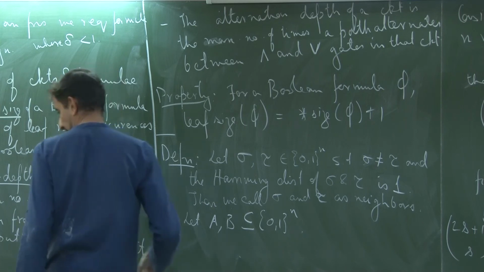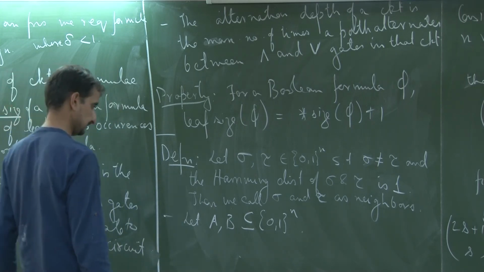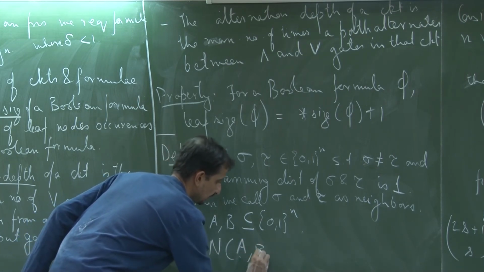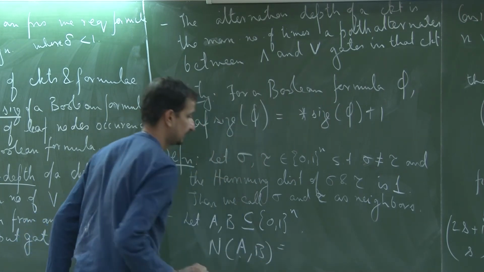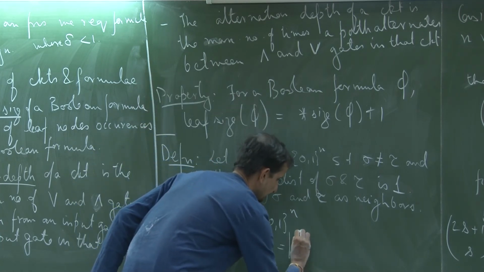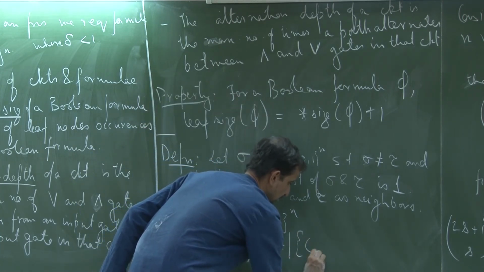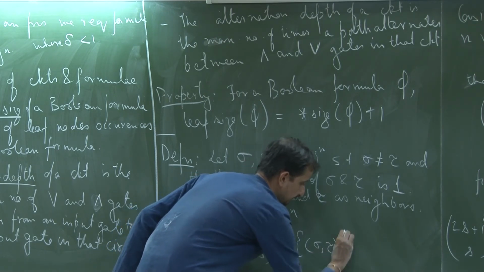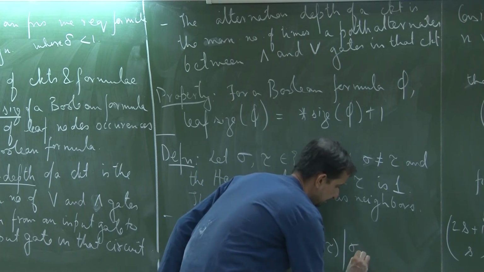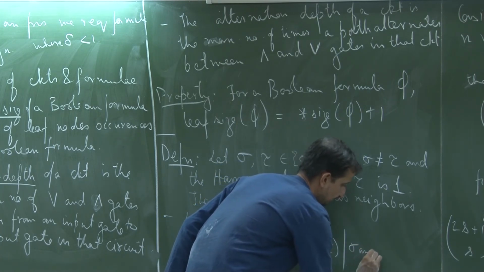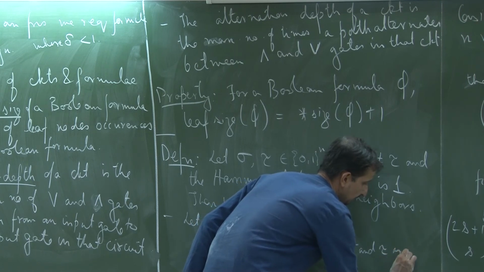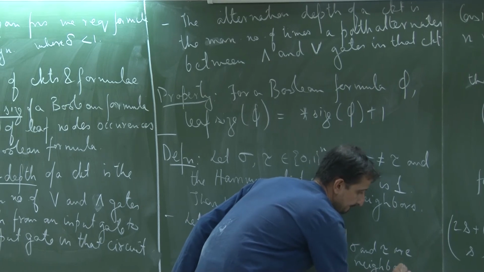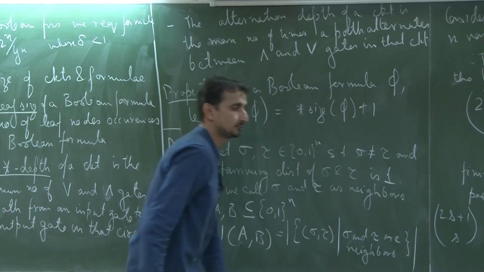We define N(A,B) to be the size of the set of tuples (sigma, tau) such that sigma and tau are neighbors. So, what are we counting over here?